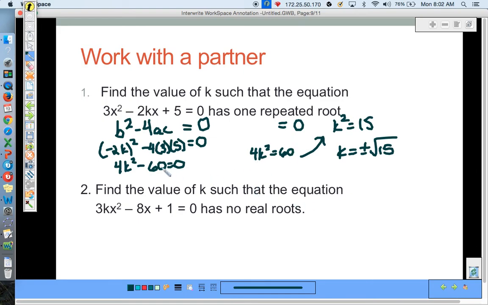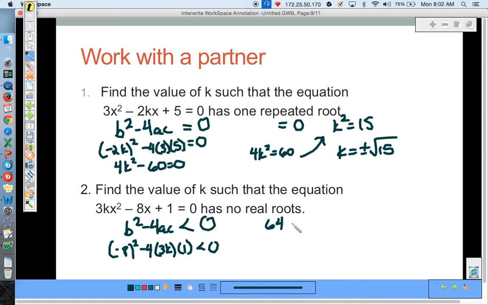And then it has no real roots. So that means b squared minus 4ac has to be less than 0. So we have negative 8 squared minus 4 times 3k times 1 has to be less than 0. So 64 minus 12k is less than 0.